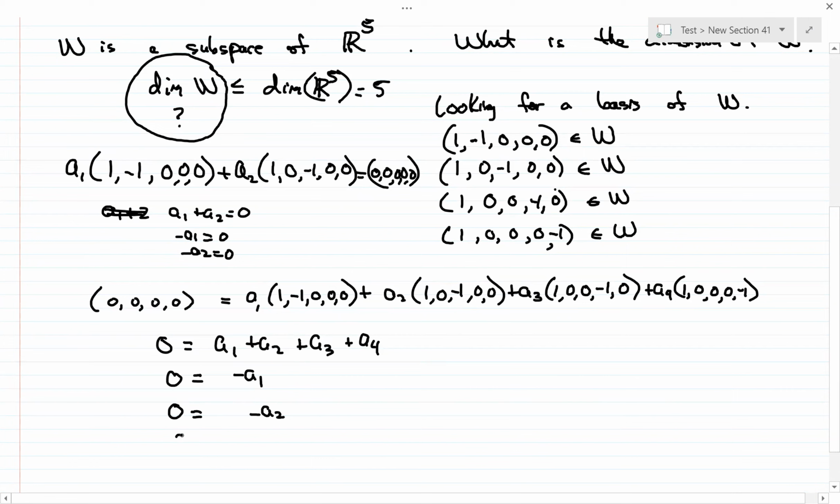And then the last component would be 0 from the left, 0 here, 0 here, 0 here, and minus A4.